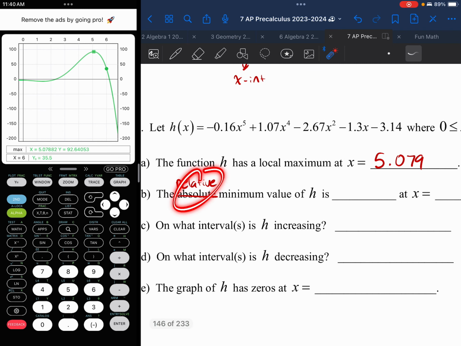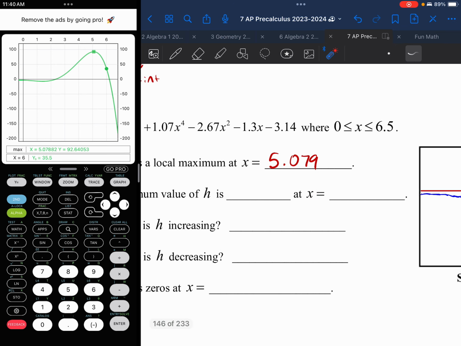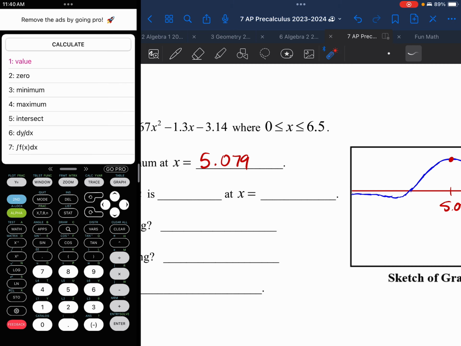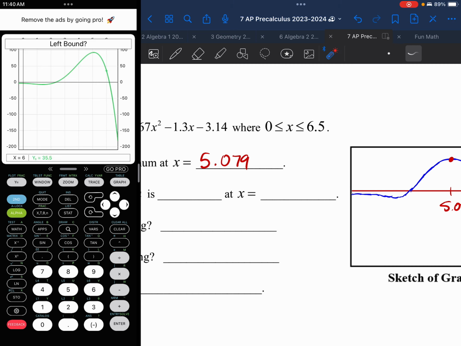So I'm going to switch the problem to be a relative minimum, and we're going to find the height here and the x-coordinate here. This is interesting because we're actually finding the height for the first time, and I'll show you how to do that. It's just more information on the screen. So we're going to do a second trace to do a calculation of a minimum, so option 3, and it's going to be between 1 and 3.